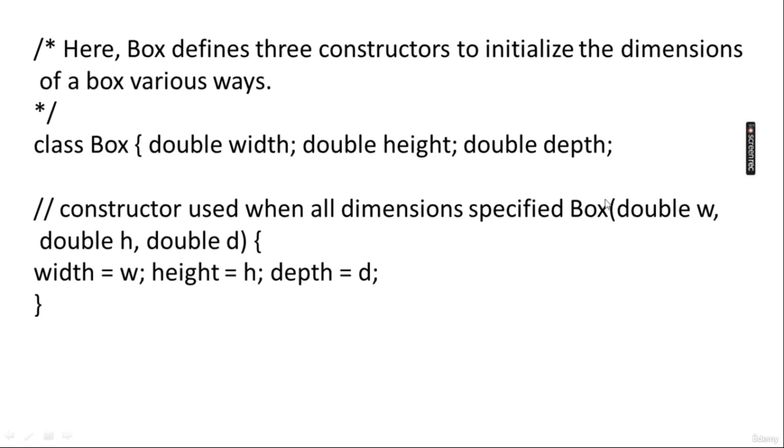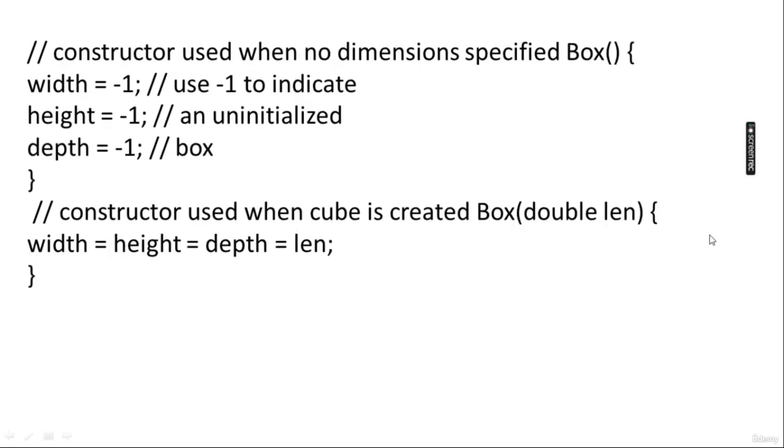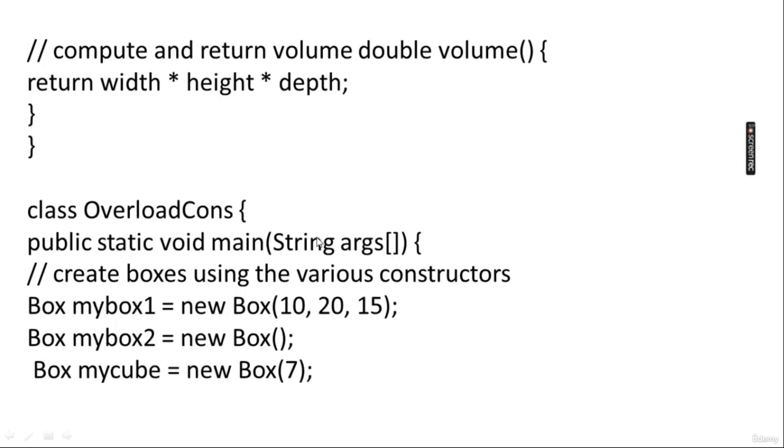One constructor is Box with 3 double parameters. The second constructor has no parameters. Every dimension is initialized to -1. Then the constructor used when a cube is created, Box(double length). So width, height and depth will be initialized with the same value, that is length.